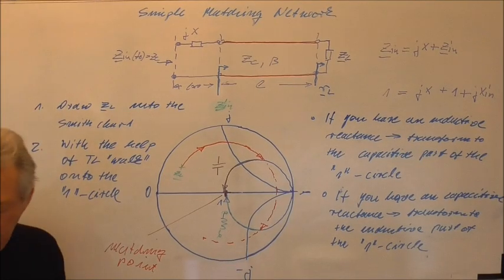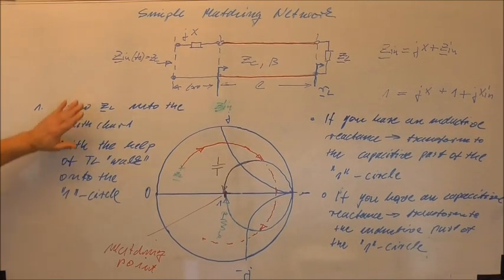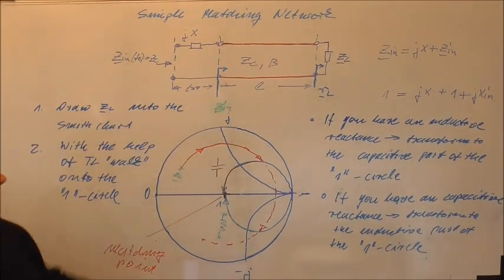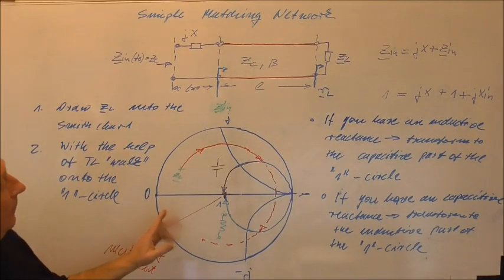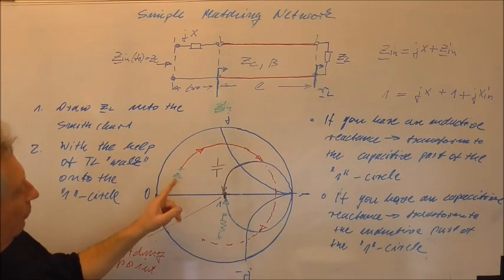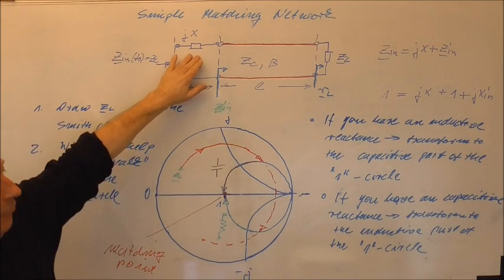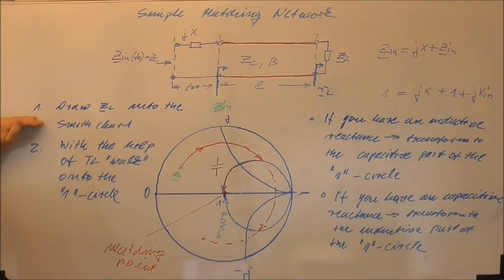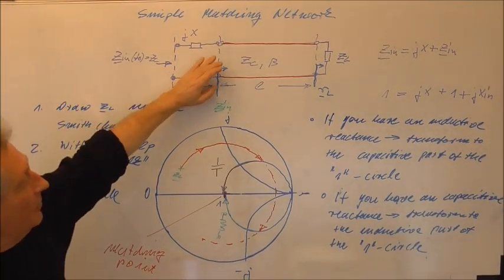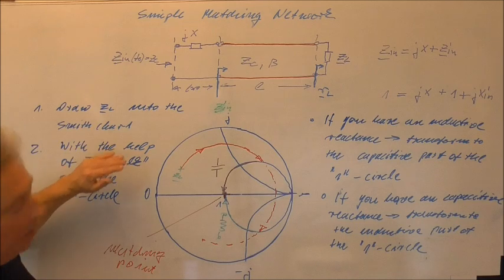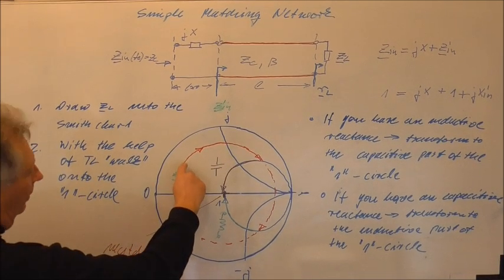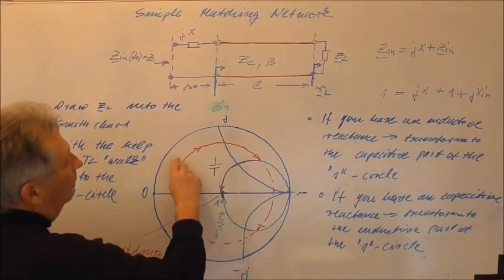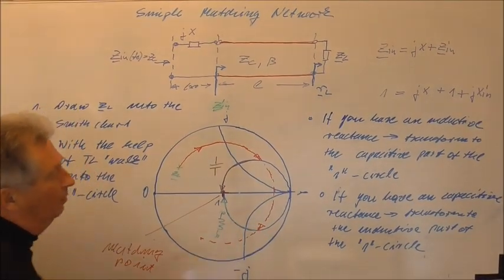So this is now the second step. You see, with the help of this simple matching network, we can always find a matching. Of course it depends on where you start and which element you have in front. So the first step is always draw the normalized impedance into the Smith chart, and in the second step you use the transmission line to transform onto the one circle.